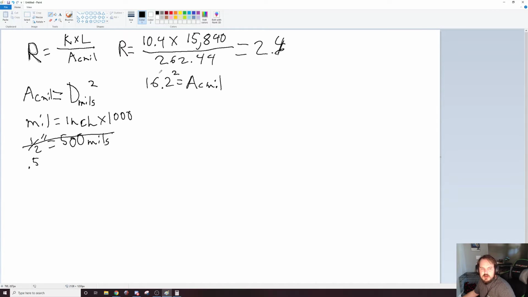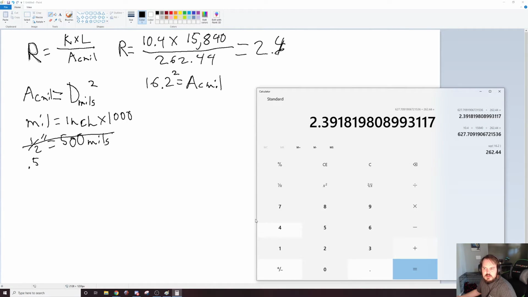I have messed up somewhere. 10.4 times 15. Oh, did I hit enter twice? I hit enter twice.